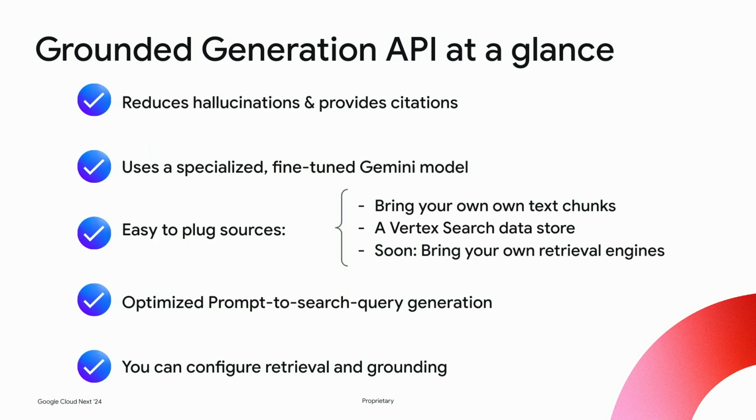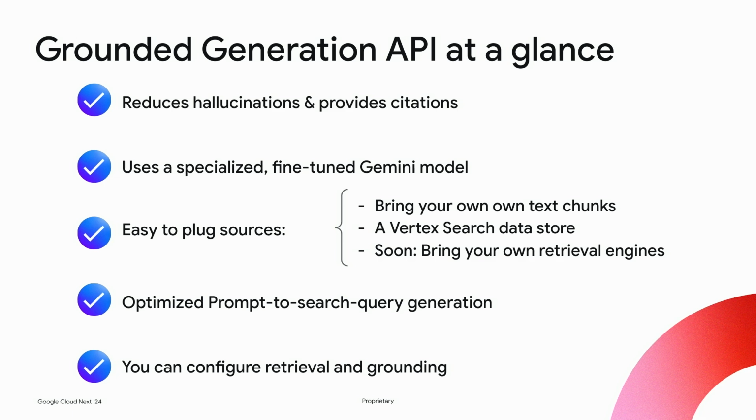So the grounding API uses a specialized fine-tuned version of Gemini, which is tuned to produce fewer hallucinations and produce reliable citations.